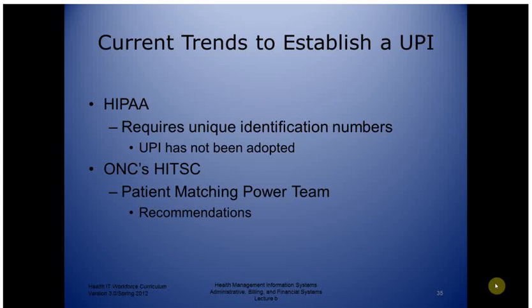And the ONC has this matching power team where they've been working on this. Here I am just lecturing away without even knowing, and then I get to the part I don't know about.